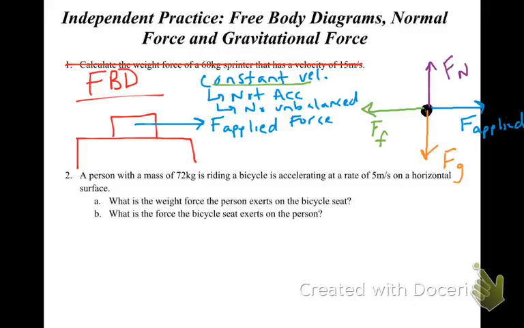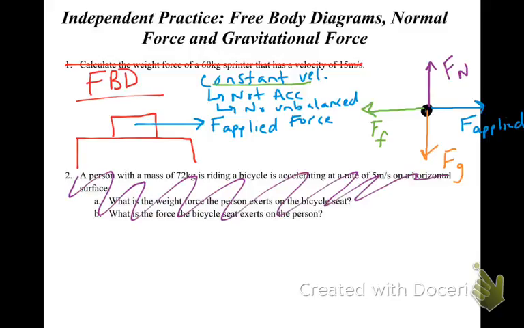Our normal force is equal and opposite to our force of gravity, because we're not accelerating in the vertical direction. We're simply moving horizontally. So let me put this in terms of numbers for you.